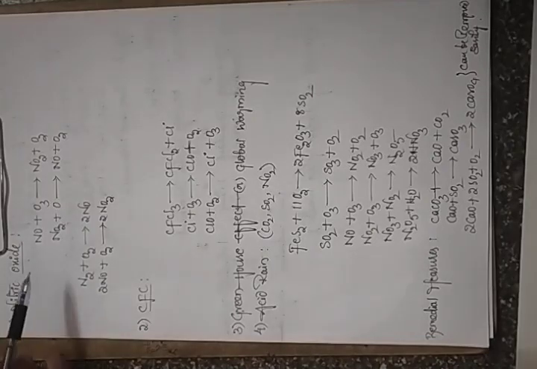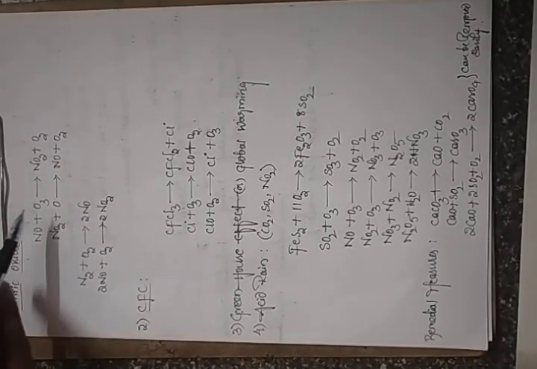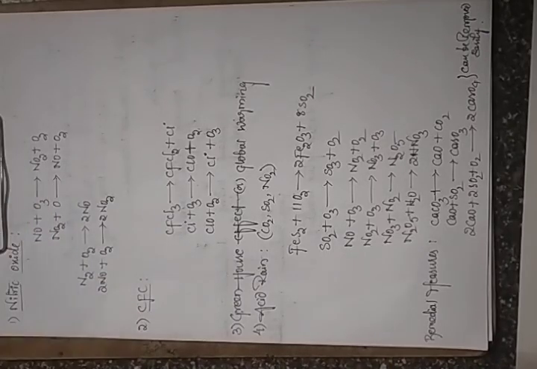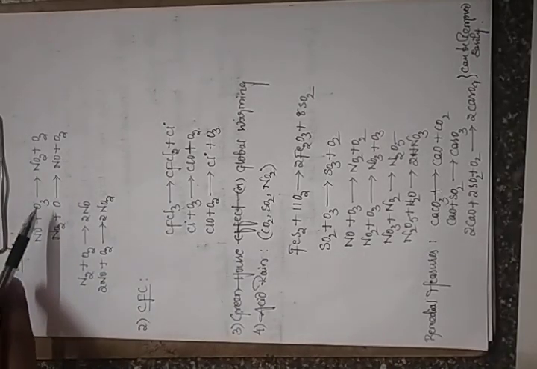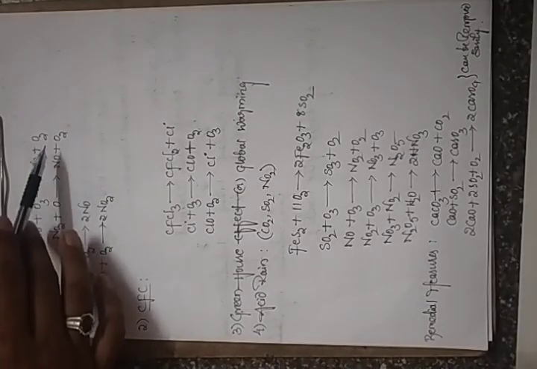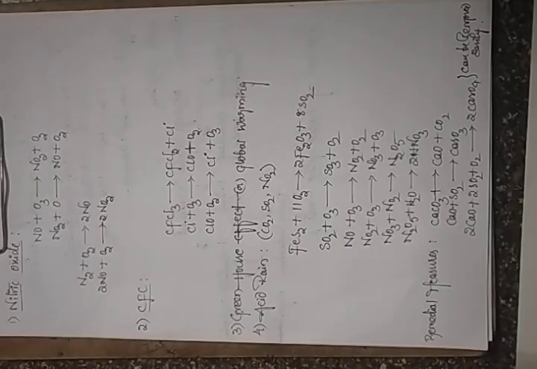That is, nitrogen monoxide on reaction with ozone forms nitrogen dioxide plus oxygen, and nitrogen dioxide plus nascent oxygen gives rise to nitrogen monoxide and then oxygen.